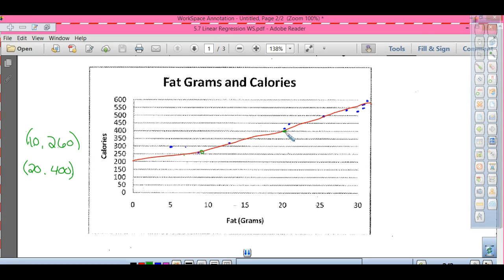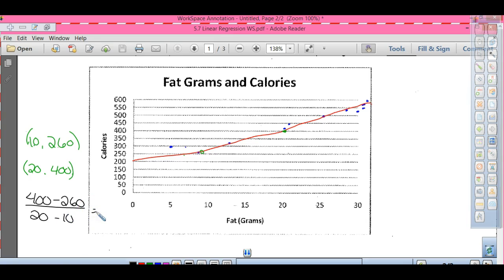What's the first thing I have to find to get an equation of a line? I need the slope. So how am I going to find slope? 400 minus 260 over 20 minus 10.